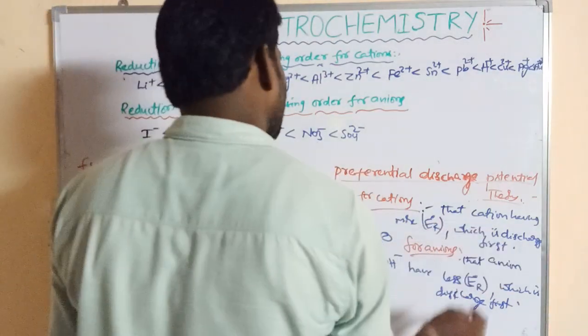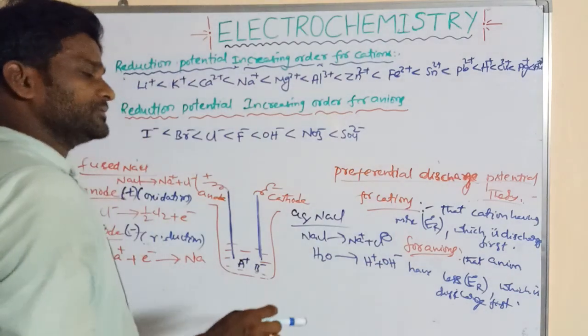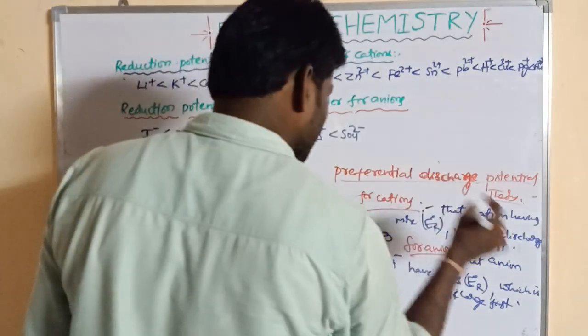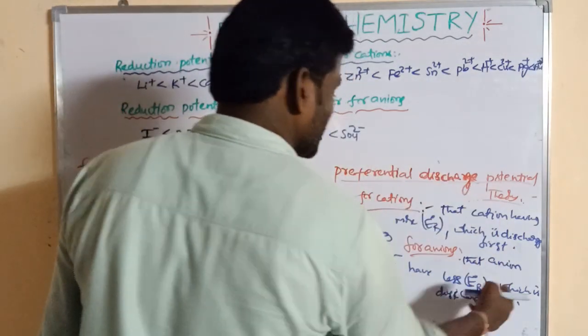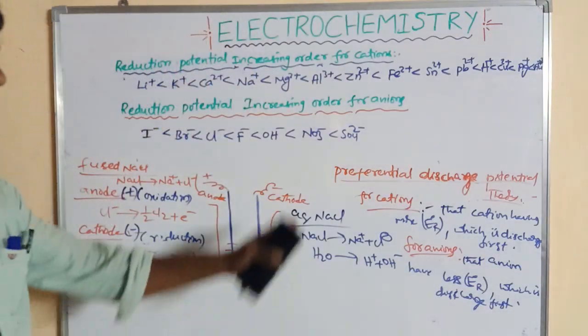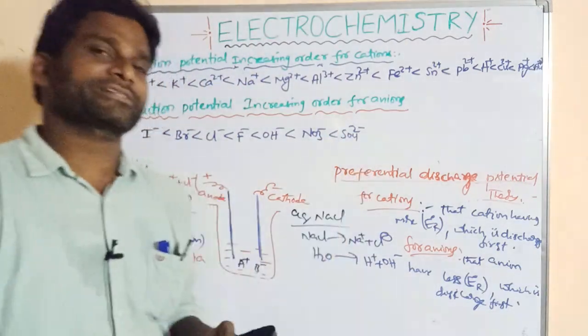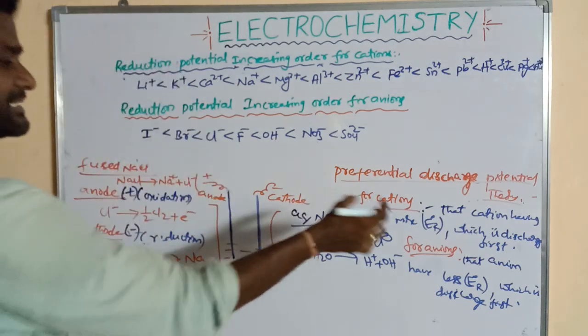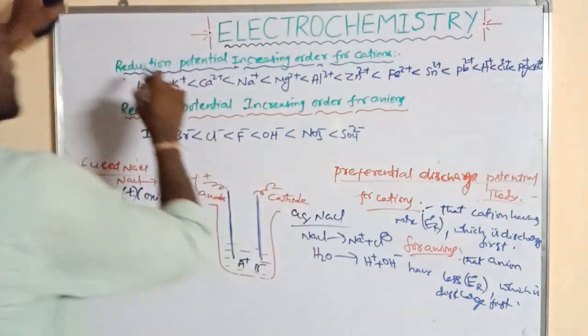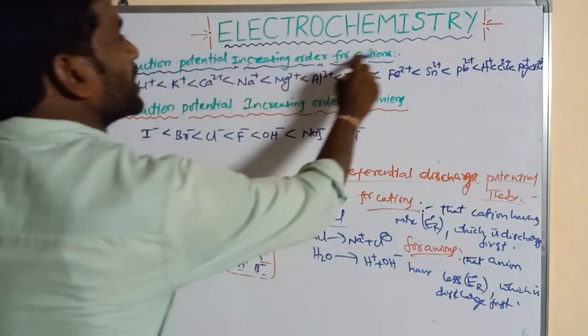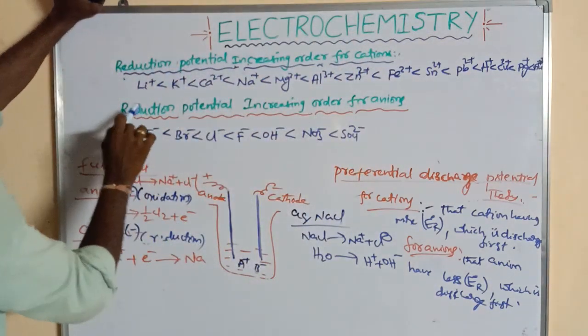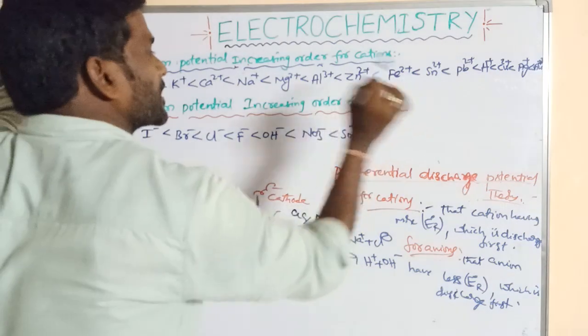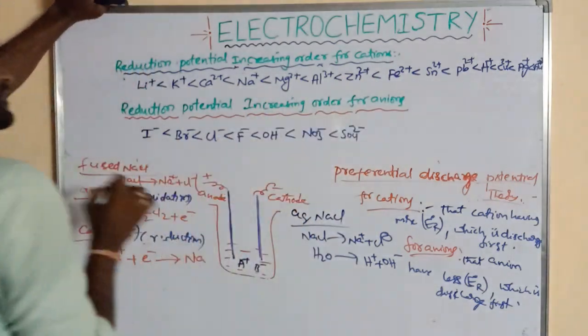If two or more anions are present at an electrode, the anion having less reduction potential is discharged preferentially. According to this theory, the reduction potential increasing order of cations and of anions are given.